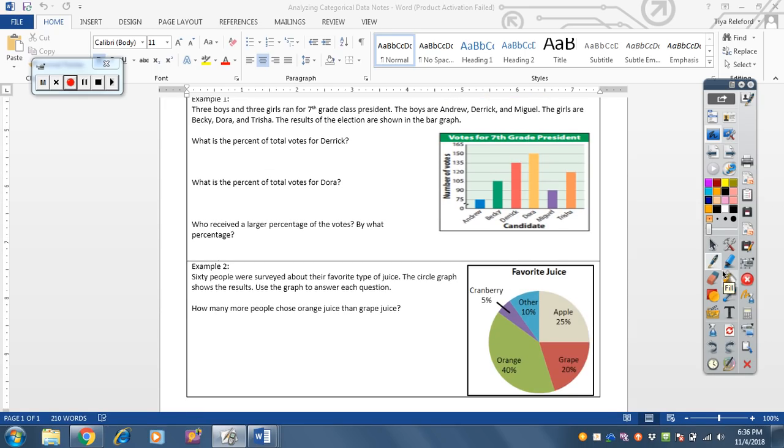So example 1 says 3 boys and 3 girls ran for 7th grade class president. The boys are Andrew, Derek, and Miguel. The girls are Becky, Dora, and Tricia. The results of the election are shown in the bar graph. What is the percent of total votes for Derek? So whenever I get a bar graph, I go through and I write the numbers.